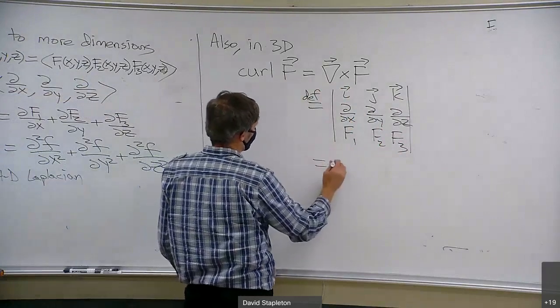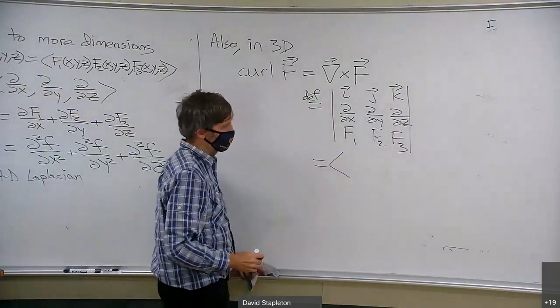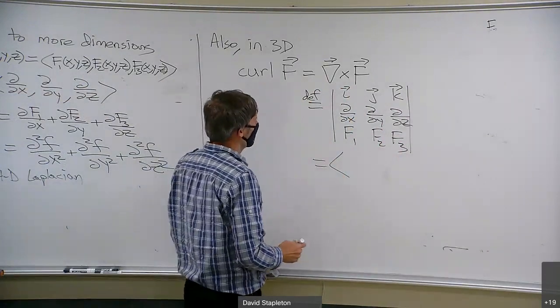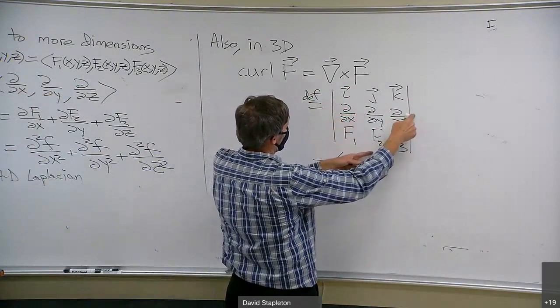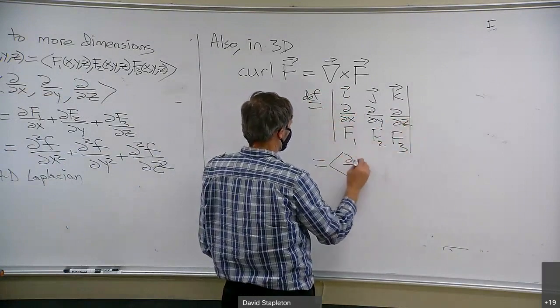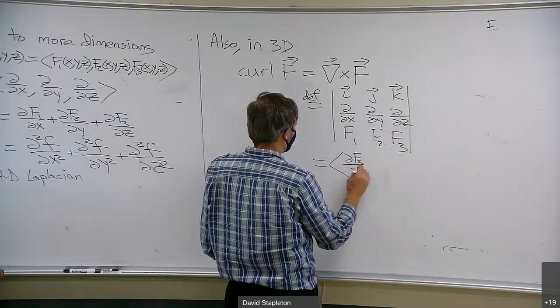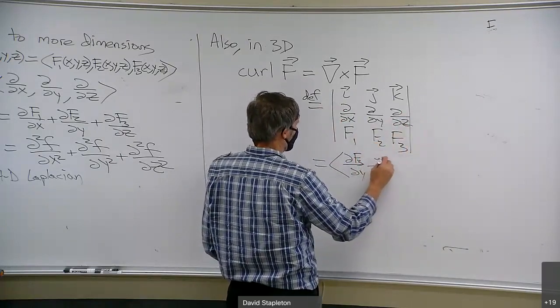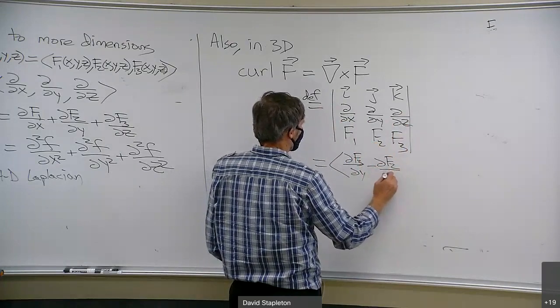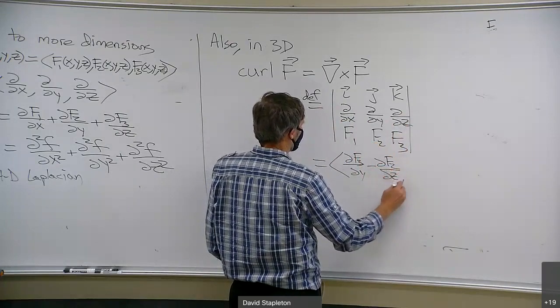If you like, you can write it out. I think it's sometimes faster to just write it out without putting the determinant in the middle. Right? It's i times this operating on this minus this operating on this. So it's df3 dy, this one on this one, minus this one operating on this one, df2 dz, y and z.